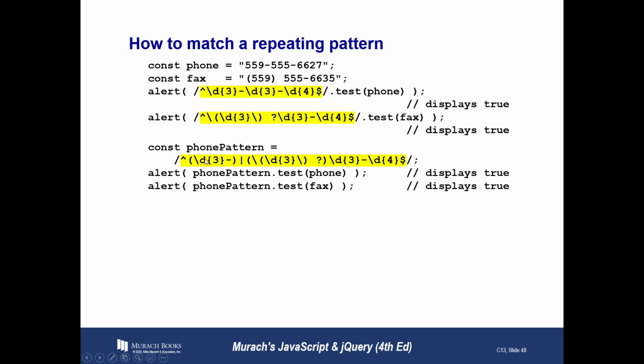So either 3 digits dash or bracket 3 digits bracket, an optional space. So it's either these 4 characters or these 5 characters. Okay, and then the rest is the same, which is 3 numbers dash, 4 numbers. So this stays the same.